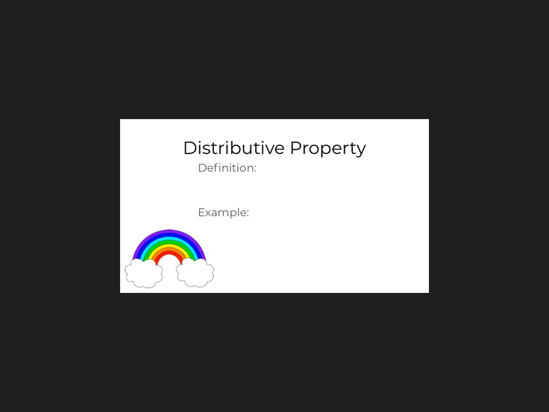So here, this is when we multiply a value. I call this the rainbow rule. So there's my rainbow.